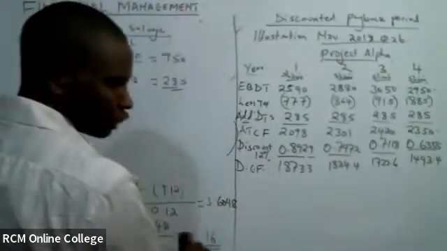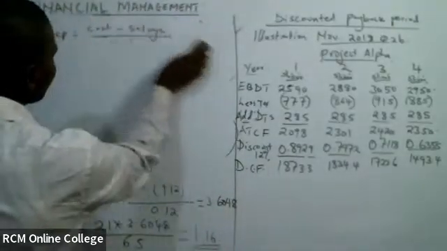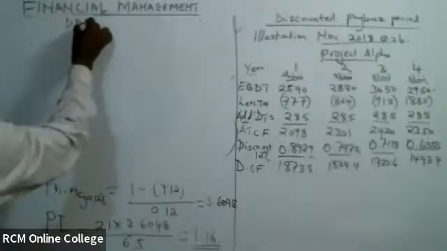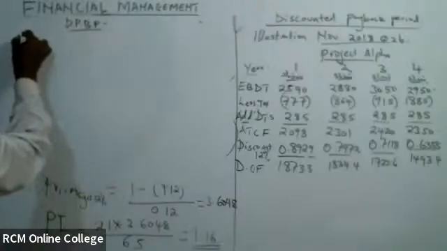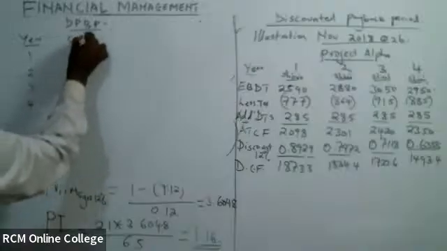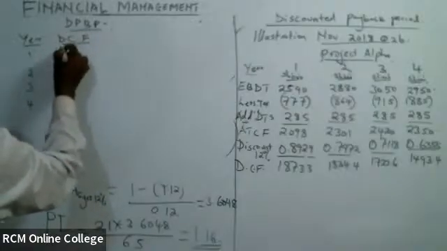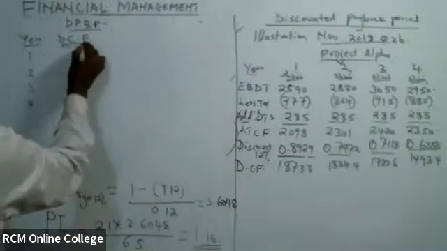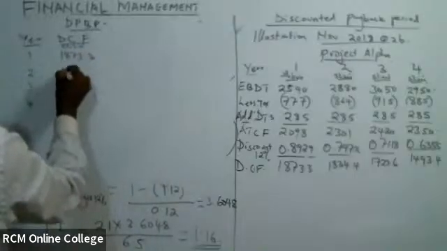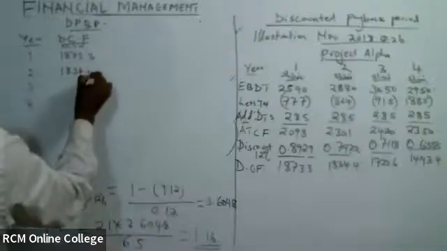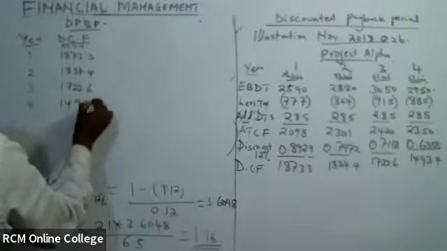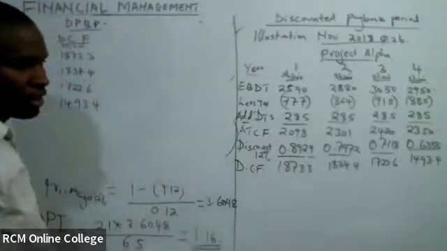I have years 1, 2, 3, and 4, then the discounted cash flows: 1873.3, 1834.4, 1722.6, 1493.4, like that.